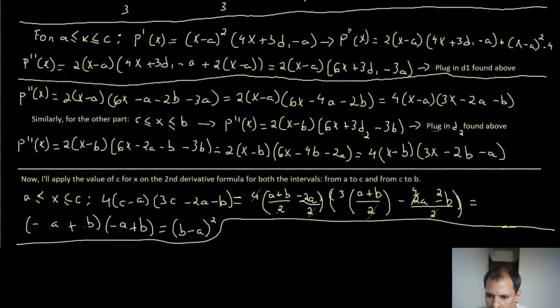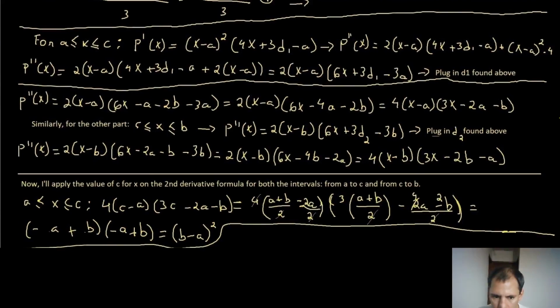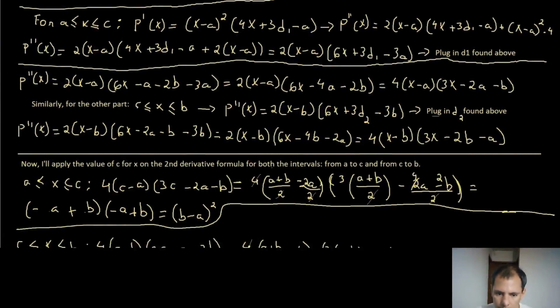So you plug that in here and you're going to come up with this formula. And now you want to apply the c value for x on the second derivative formula for both intervals, from a to c and from c to b.